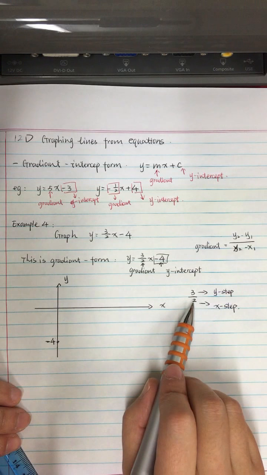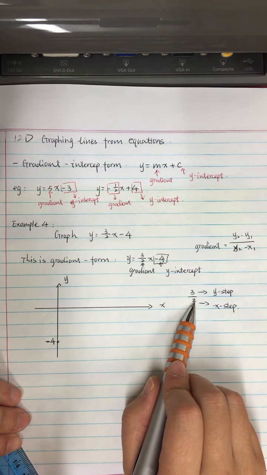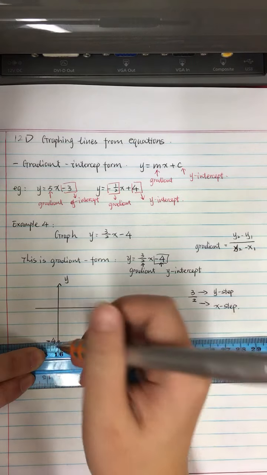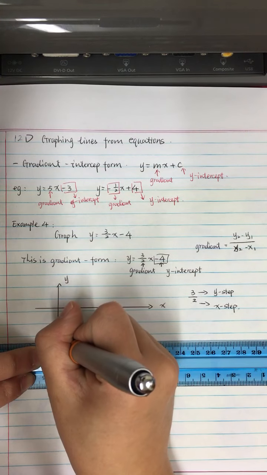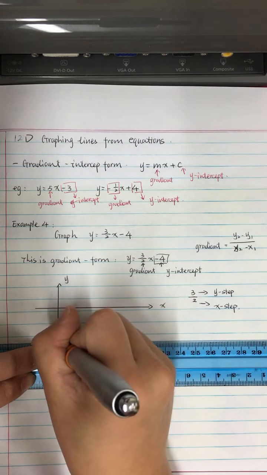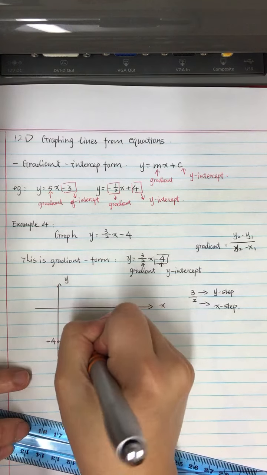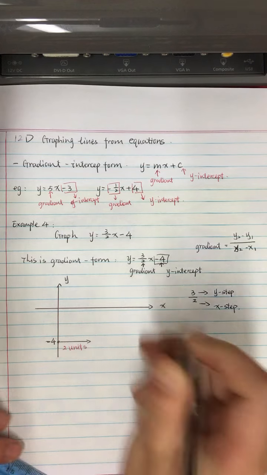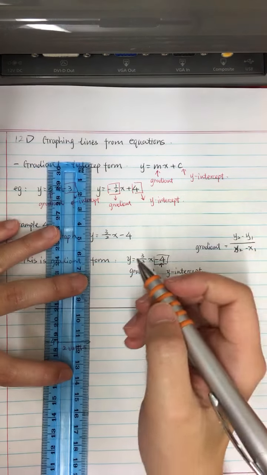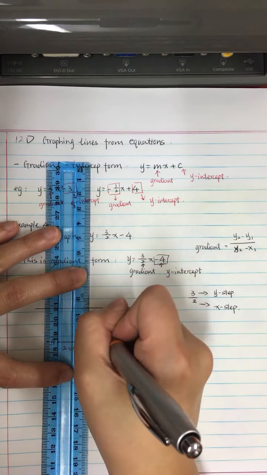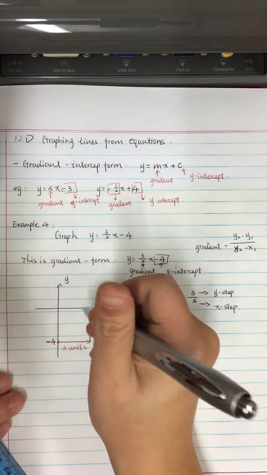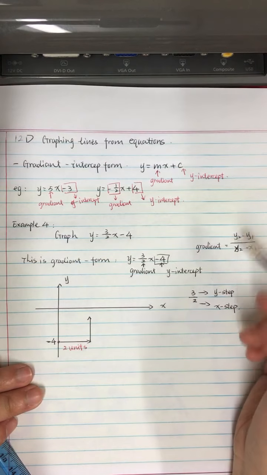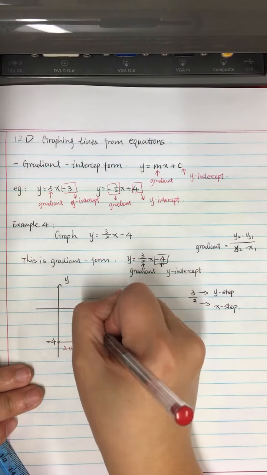Because that's positive 2, we go to the right for 2 units, then go up for 3 units because that's positive 3.